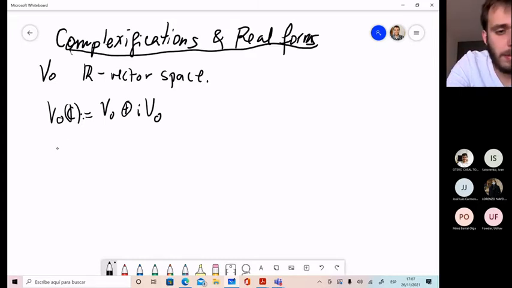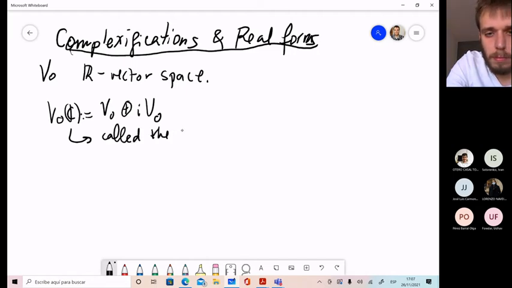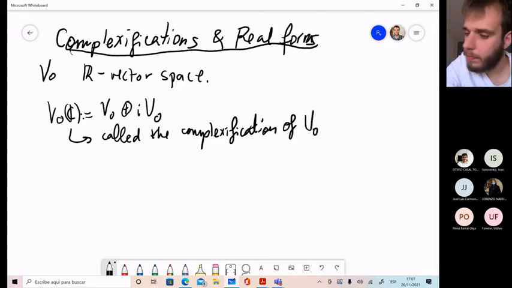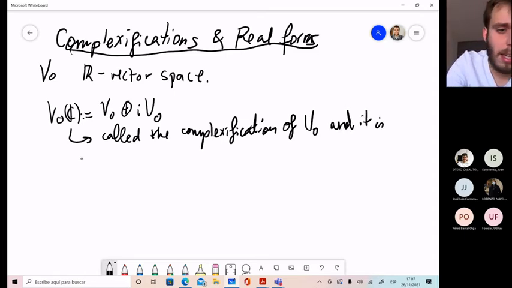So then this thing here is called the complexification of V naught. And it is a C vector space, okay?